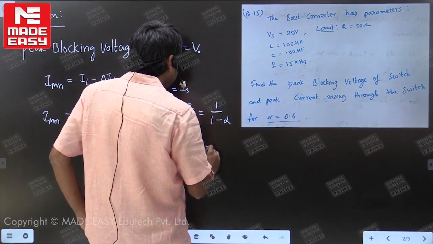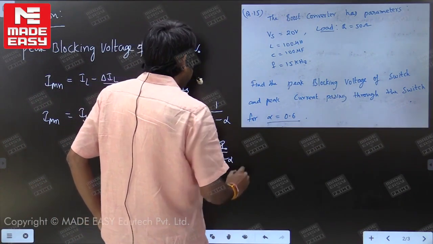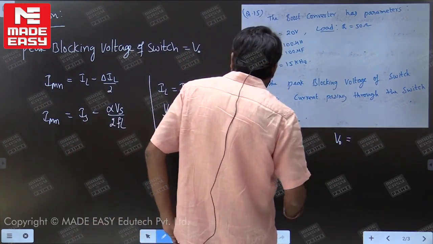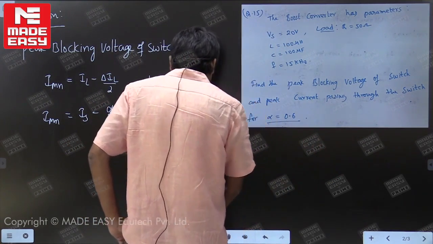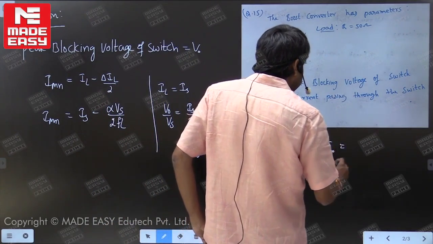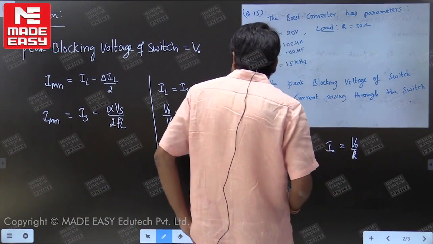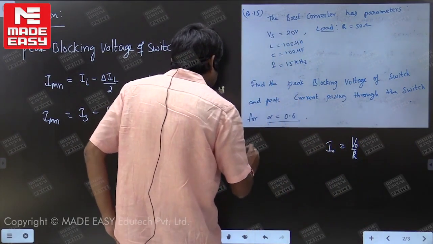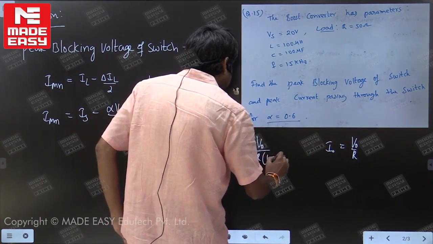So Is is equal to I naught by 1 minus alpha, and I naught is equal to V naught by load resistance. So I can write V naught by R into 1 minus alpha.